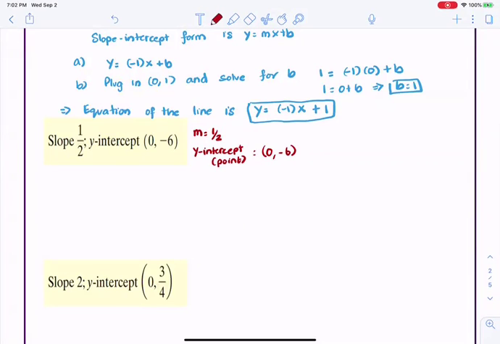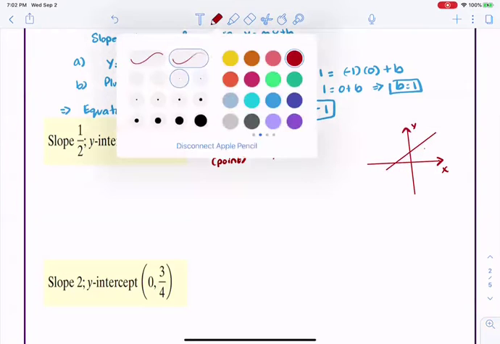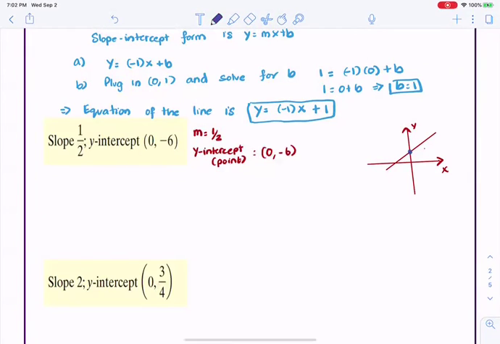Why is that? If we have a line and that is the y-intercept, the line is going to pass through the y-axis, and we know the value of x is 0 on the y-axis.